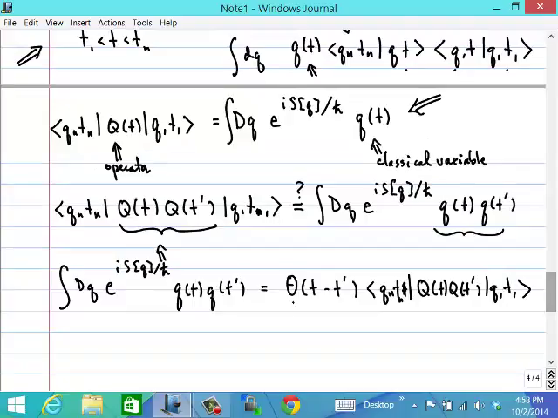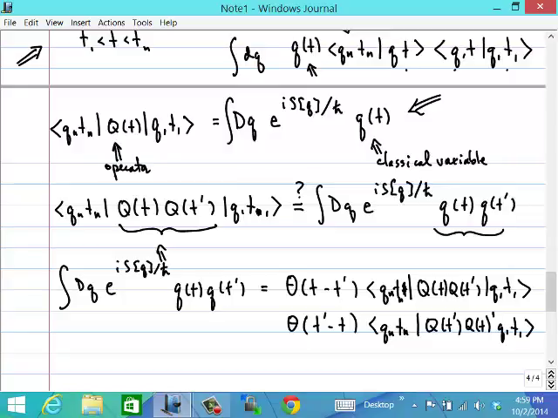On the other hand, if t happens before t prime, then you'll need to do things in the opposite order. And you'll get q of t prime on the left and q of t on the right. Okay.